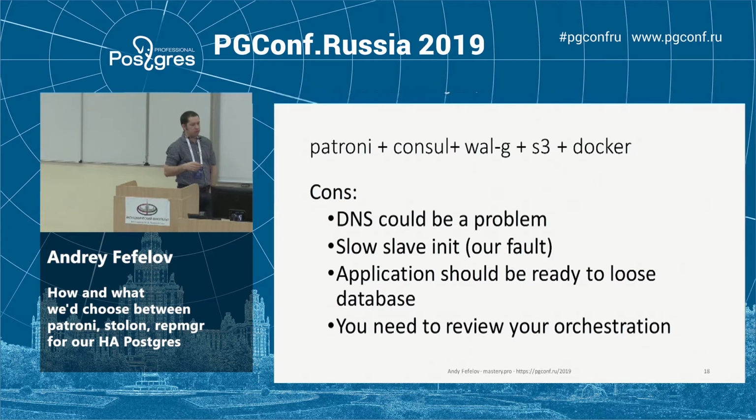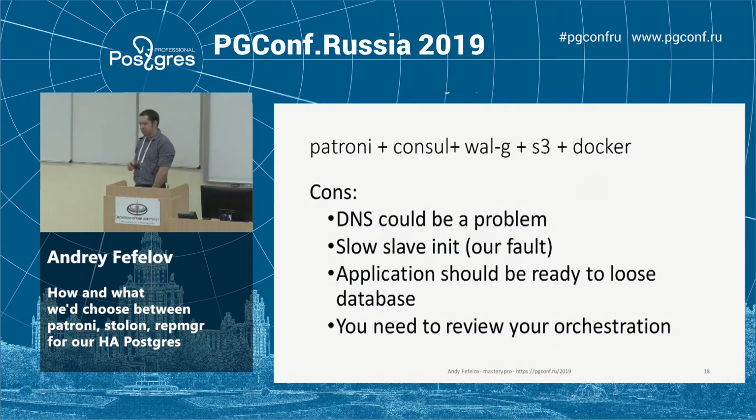It's one of the reasons we refused cloud-based solutions, because it's an old story. We had some internal reasons for that. We had a vanilla Postgres, and basically it was started by Ansible, and these containers were deployed to target machines in the initial orchestration.